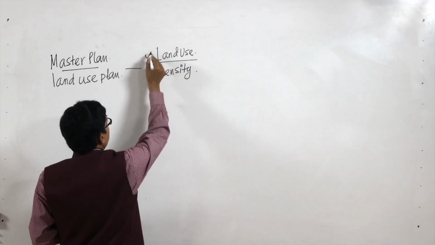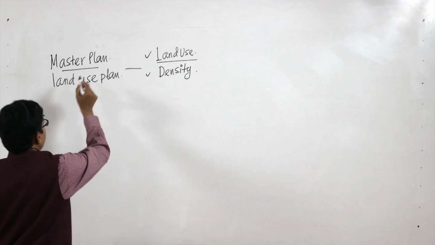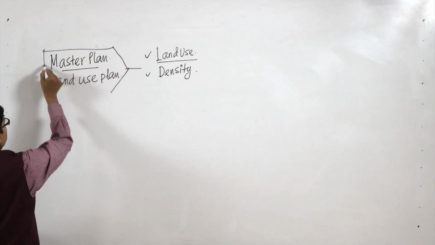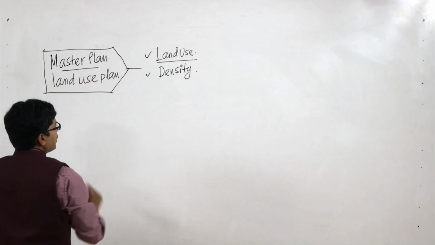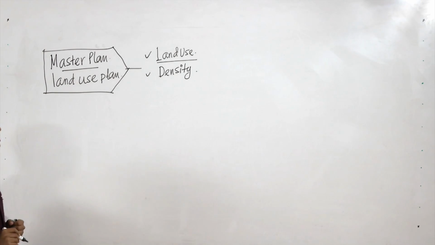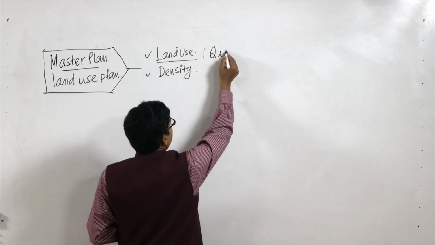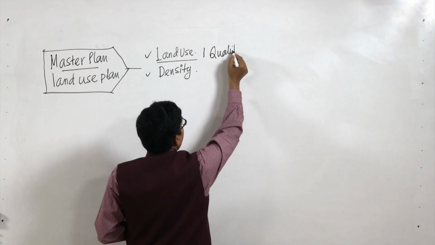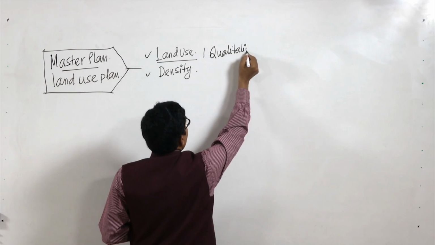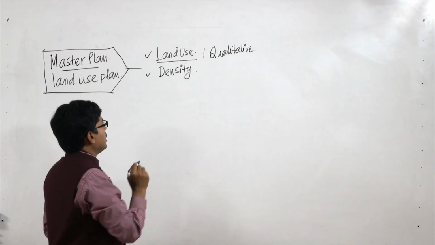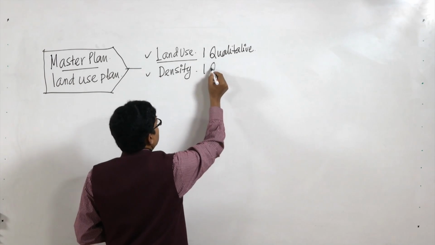So, these two parameters we dealt with at the master plan level. At the master plan level, these are the fundamental outcomes of a city plan: one is land use, one is density. Land use is a qualitative dimension, whereas density is a quantitative dimension.